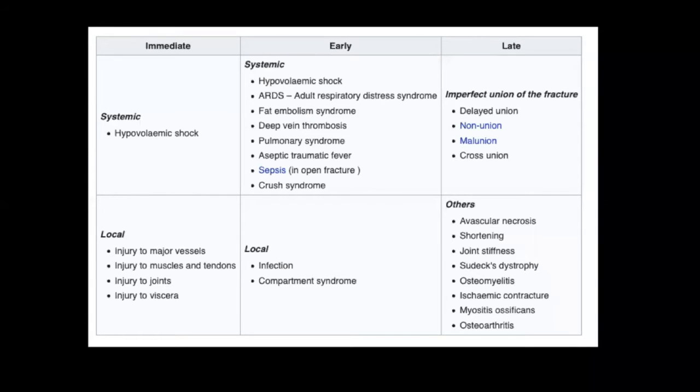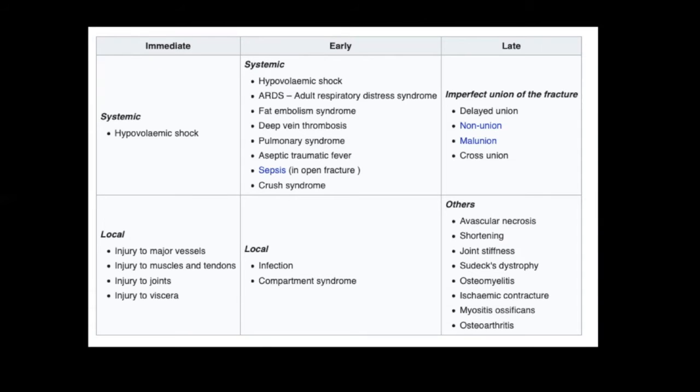If you have 2 or more terms of this, it's called non-union or pseudoarthrosis. Fractures could lead to injury of vessels, muscle, joints, and other organs, and sometimes it could lead to compartment syndrome.